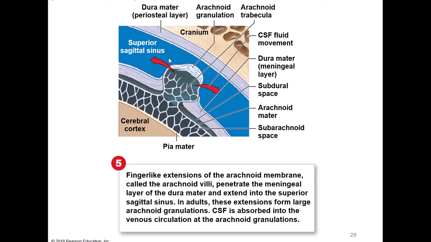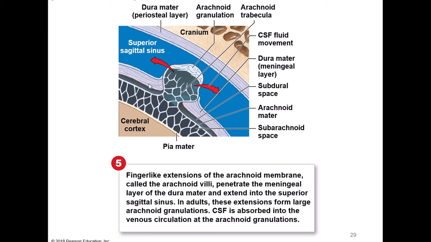This big blood vessel here is known as the superior sagittal sinus. There's other sinuses also that are draining venous blood and cerebrospinal fluid, and they ultimately drain down these veins, and then they go back into these big veins in our chest and become normal blood again.